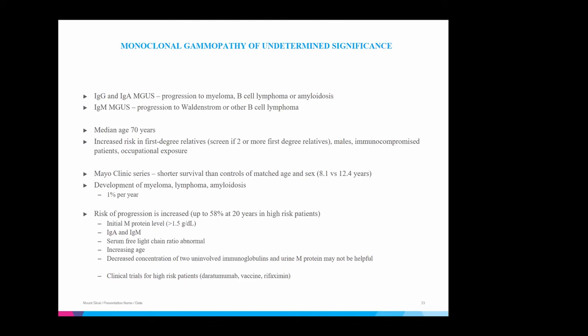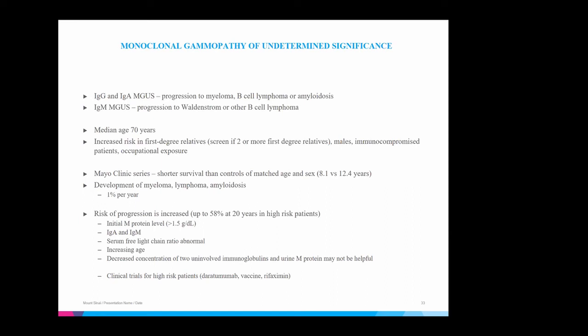There is an increased risk in first-degree relatives, and you might consider screening a patient if he or she says they have 2 or more first-degree relatives with myeloma. Increased risk of progression in males and in immunocompromised patients and those who've had occupational exposures. And they seem to have a shorter survival than controls of matched age and sex.